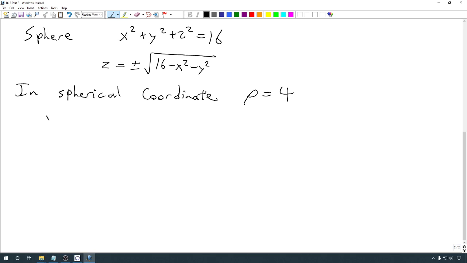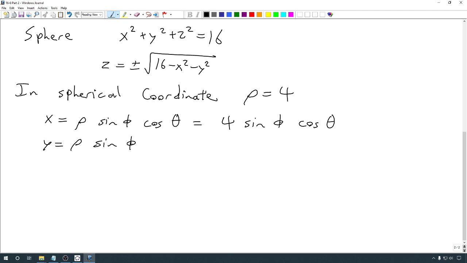So remember our equations: x is equal to rho sine phi cosine theta. If rho equals 4, then this is just 4 sine phi cosine theta. Y is equal to rho sine phi sine theta, and again, rho is just 4.